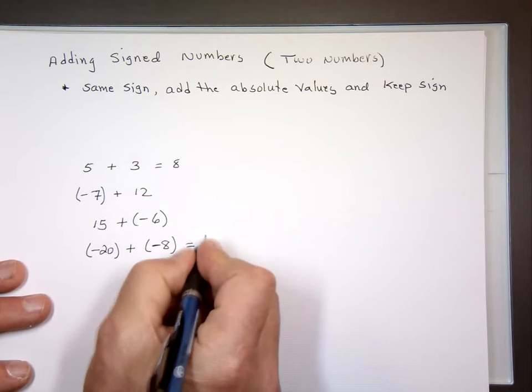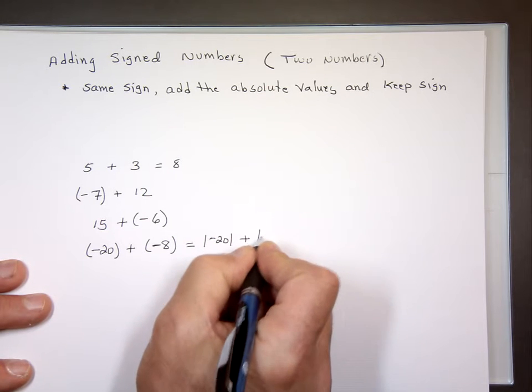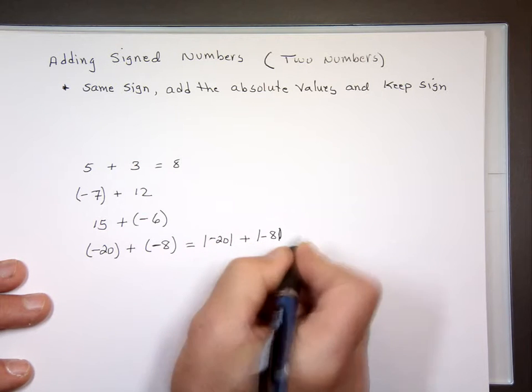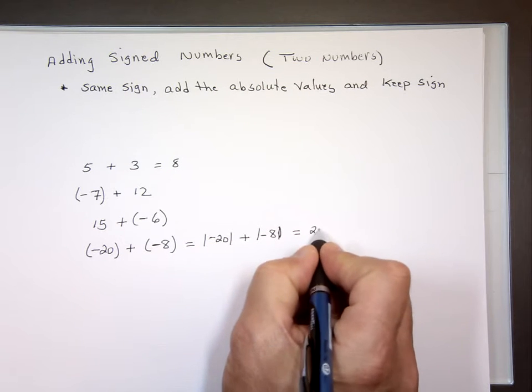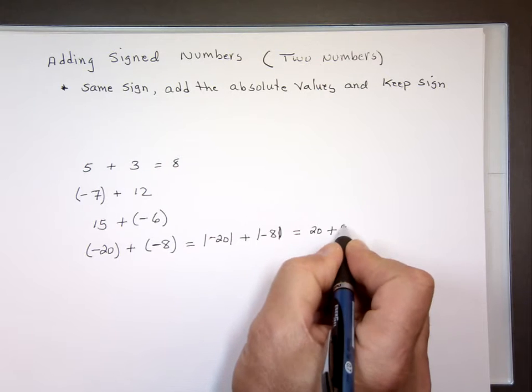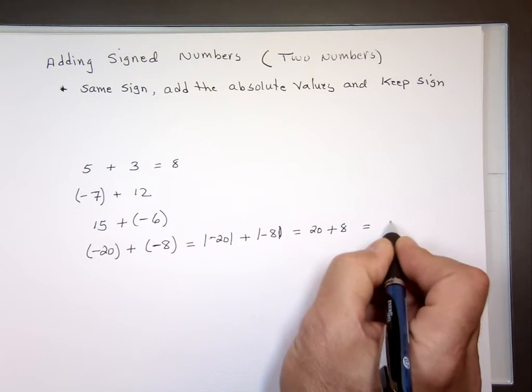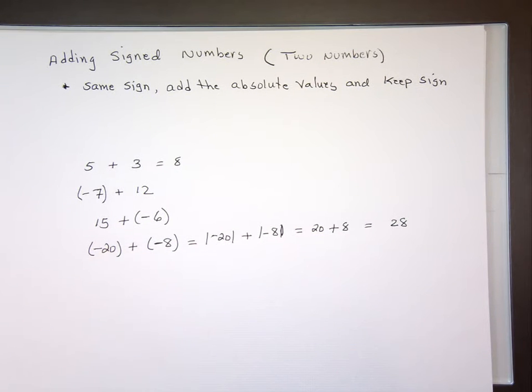What's the absolute value of negative 20? Add to it the absolute value of negative 8. Absolute value of negative 20 is 20. Absolute value of negative 8 is 8. Let's add them. What do we have? 28, but keep the sign. And what's the sign of the two numbers? Negative.